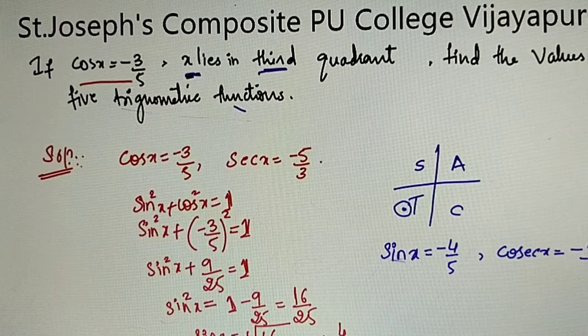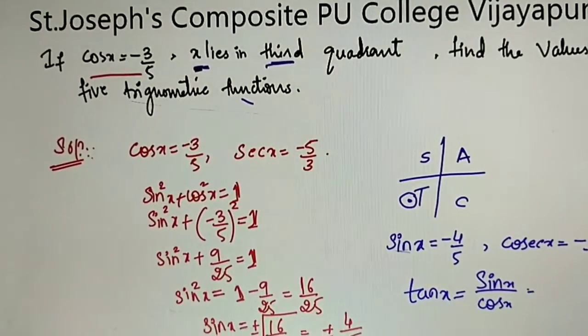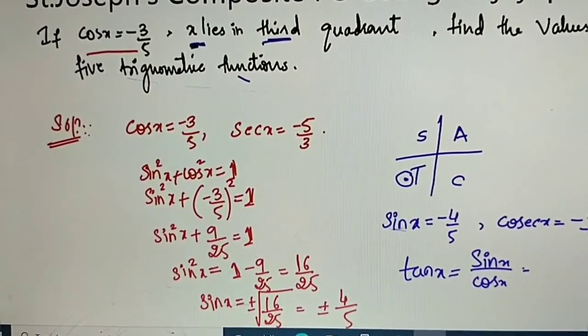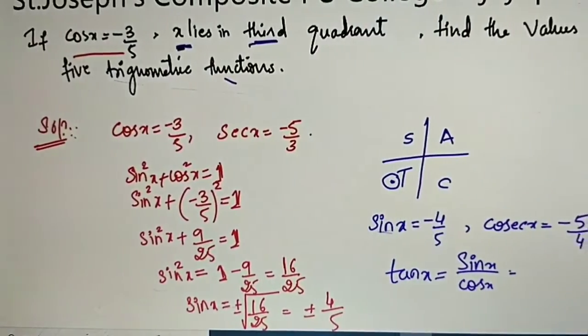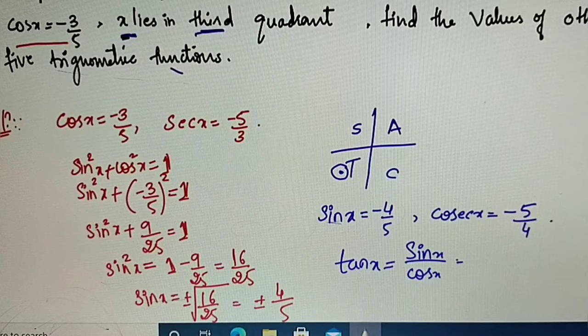So we know already tan x means sin x by cos x. So tan x is equal to sin x by cos x, that is, sin x is already minus 4 by 5 and cos x is minus 3 by 5. So substitute here.